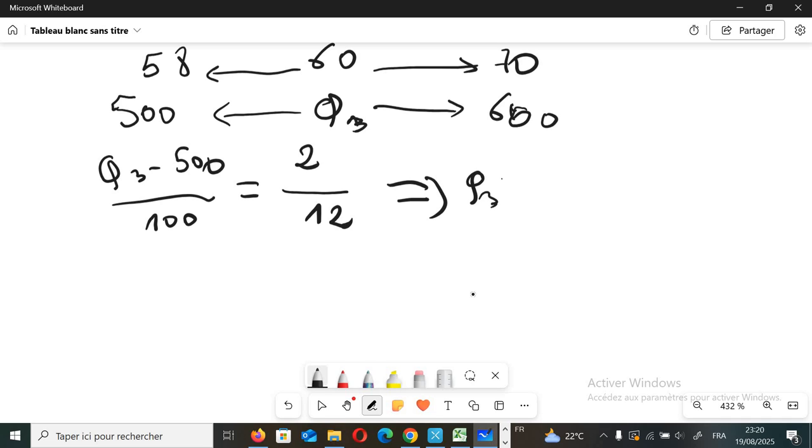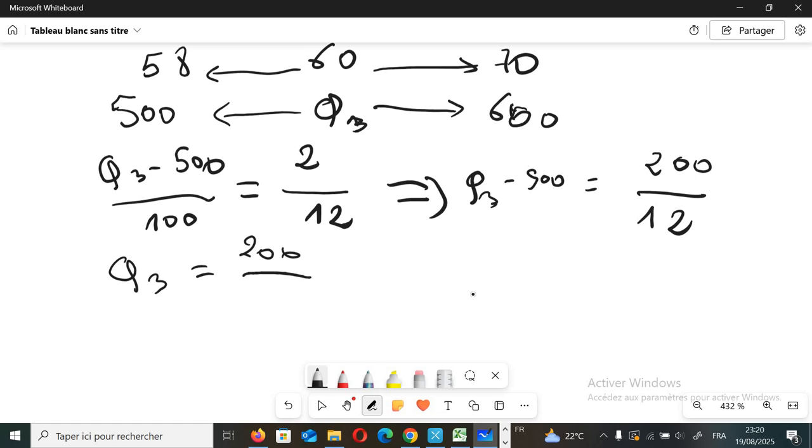Q3 minus 500, according to the rule of three: 2 multiplied by 100 is 200, divided by 12. That means Q3 equals 200 divided by 12 plus 500.